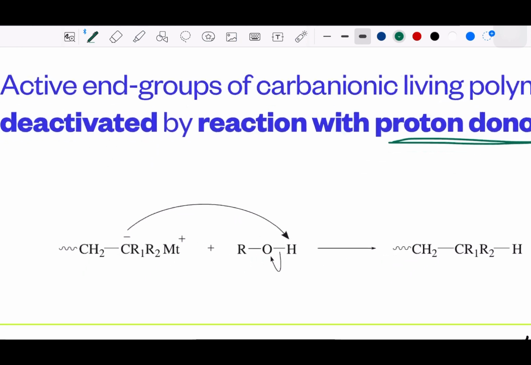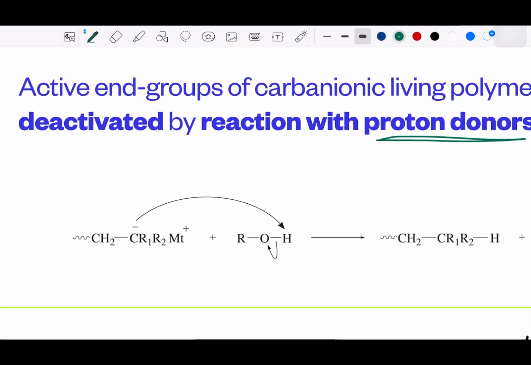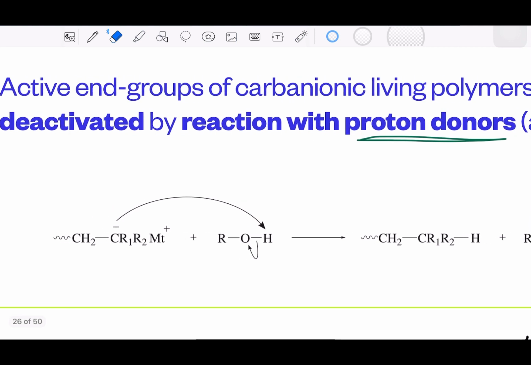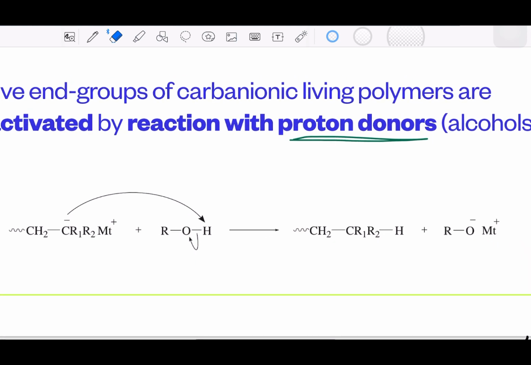So the idea is to abstract the H from the alcohols. So the H will move to the active centers, while the metal, the alkali metals for example, will go as a byproduct here.